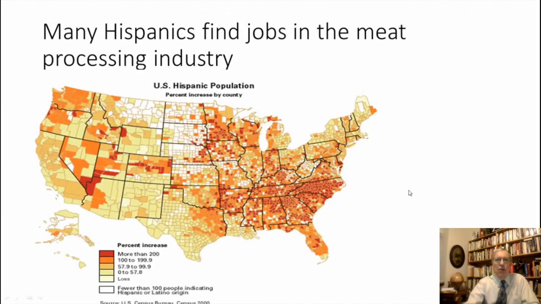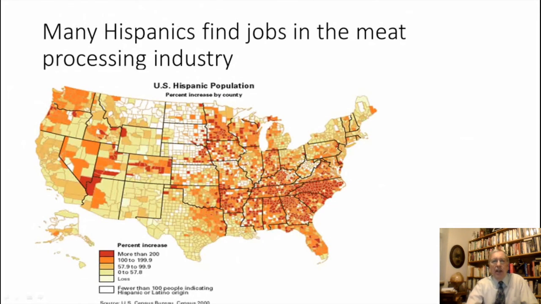And in fact, if you look at this map, it says U.S. Hispanic population, but look closely at the subtitle, percent increase. For a map of the U.S. Hispanic population, that would be focused on Texas, New Mexico, Arizona, Nevada, California, kind of the southwestern quadrant of the United States. But if you look at where the Hispanic population is increasing fastest, it is following meat processing jobs that other folks don't want.